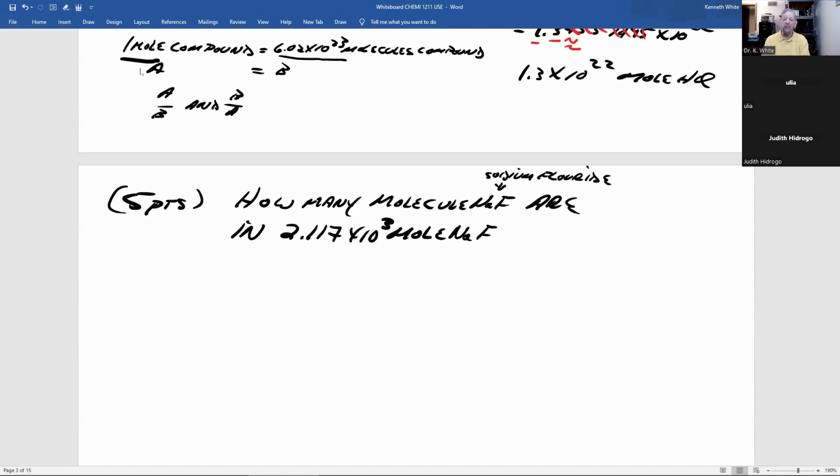And it's a molecule put in your toothpaste to help reduce the cavities you get. All right, so the question is, how many molecules NaF, sodium fluoride, are in 2.117 times 10 to the third moles of sodium fluoride? We're going to do this stepwise again.